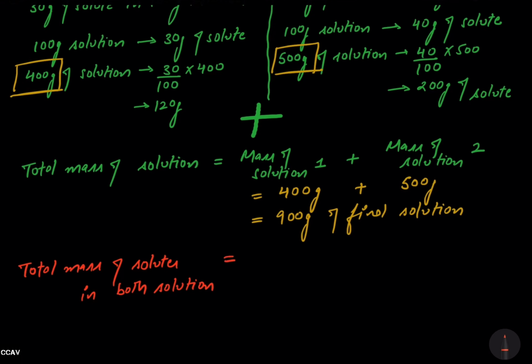In solution number 1, we have calculated the mass of solute to be 120 grams. The solute is 120 grams in solution number 1, and the solute is 200 grams in solution number 2.